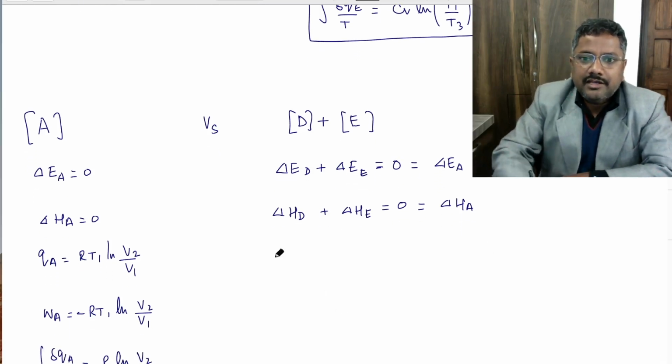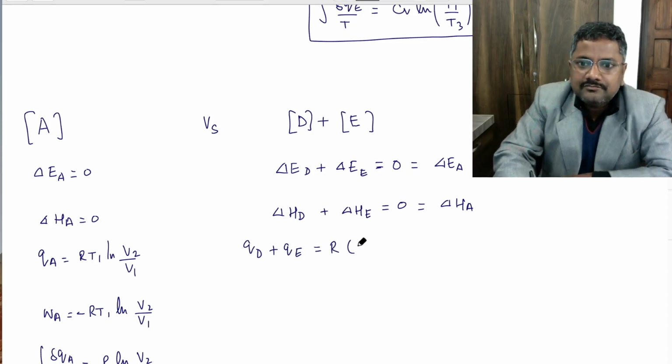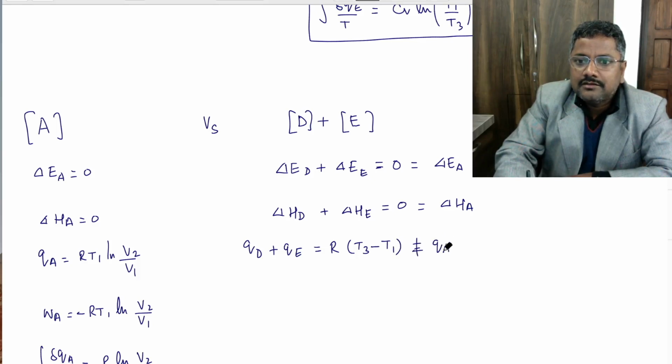Now QD plus QE is equal to R (T3 minus T1), and this is not equal to QA.